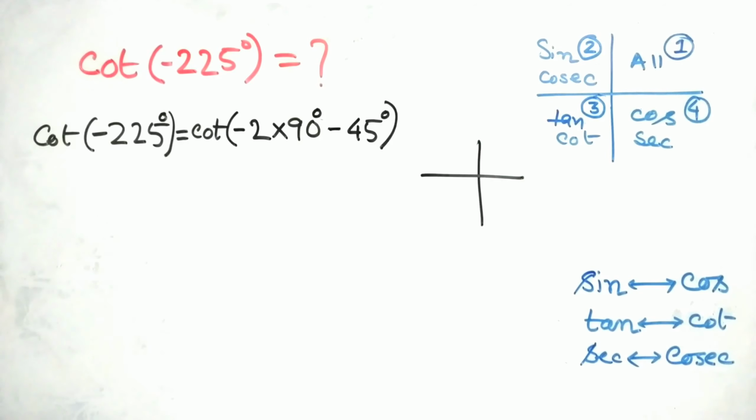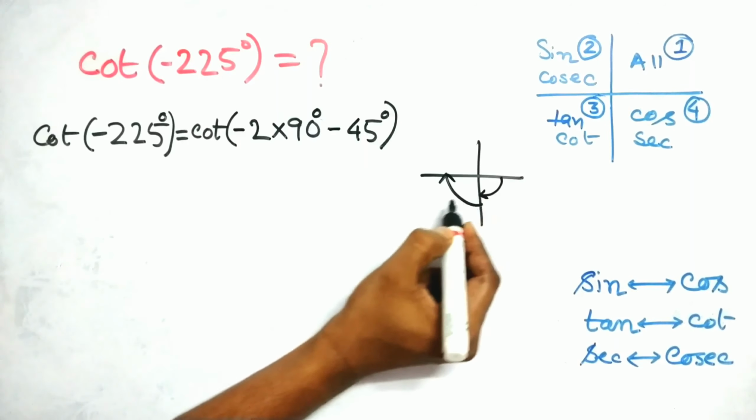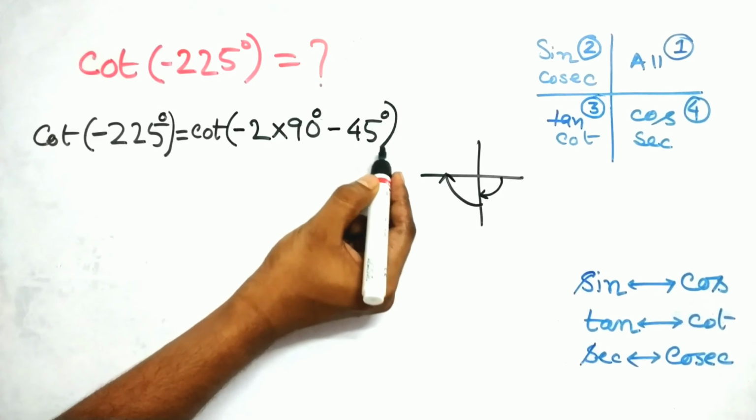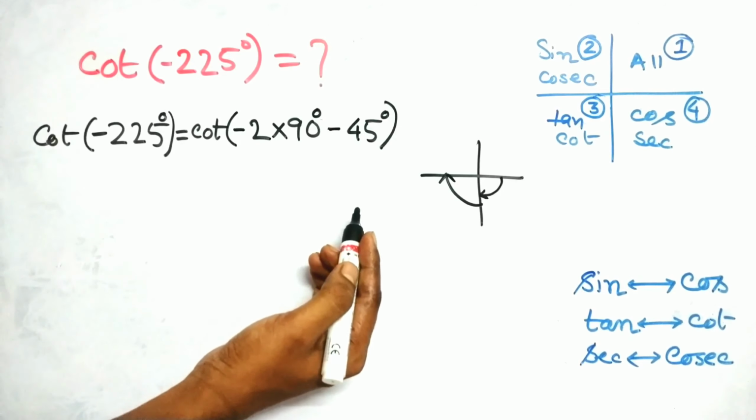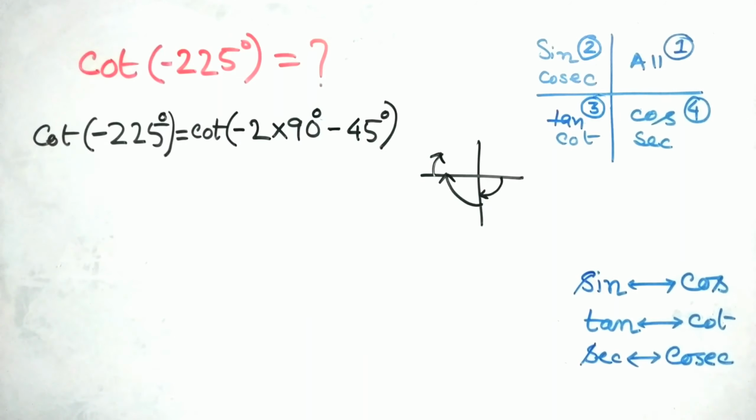Because it is a negative sign, so we will count clockwise, and clockwise counting means we are counting in a negative manner. So that means we will count twice, 1 and 2, and it is minus 45. Since we are counting clockwise, so minus 45 will be directed to this direction.